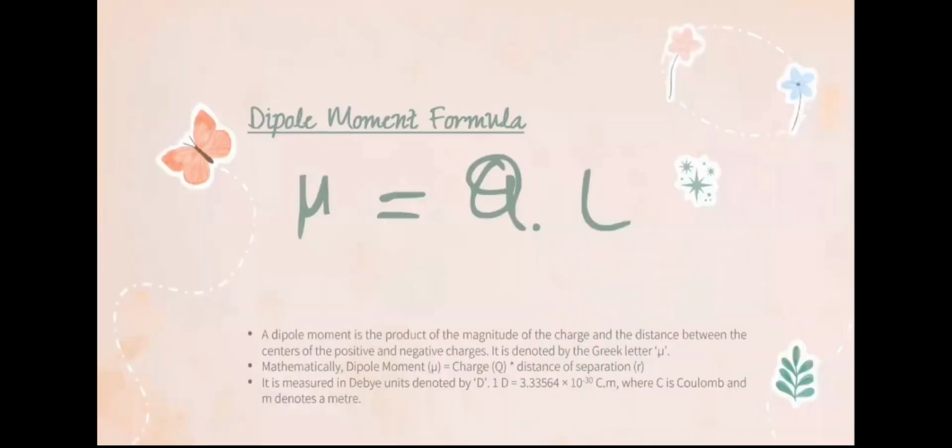And this is the dipole moment formula. A dipole moment is the product of the magnitude of the charge and the distance between the centers of the positive and negative charge.